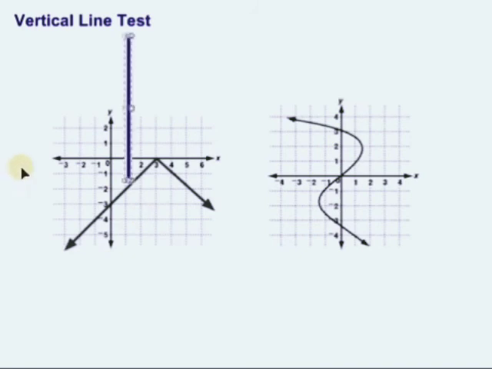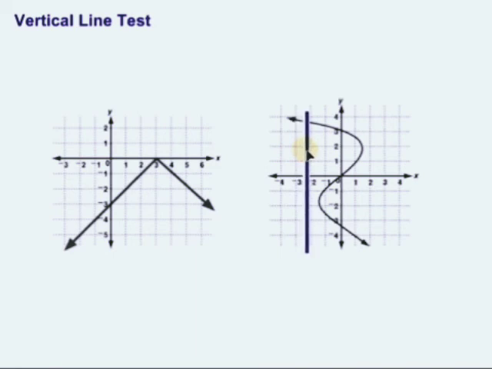Again, our vertical line test. Here's my vertical line. Coming along, I'm okay, I'm okay, I'm okay, I'm okay. Sometimes people might have a little bit of a question here, but notice how it's just 1 point at 3, 0 that it's touching. So we're okay. This first one, we indeed passed the vertical line test.